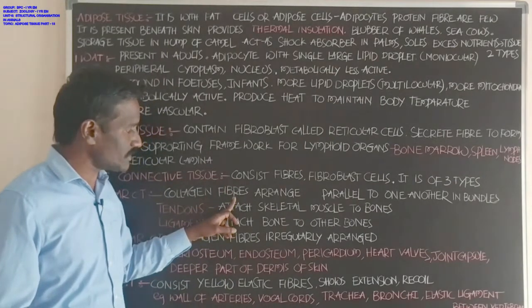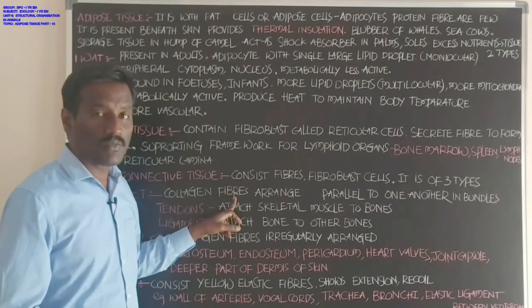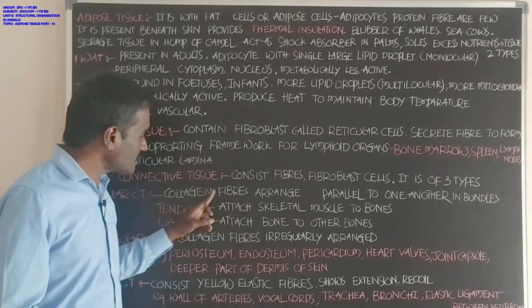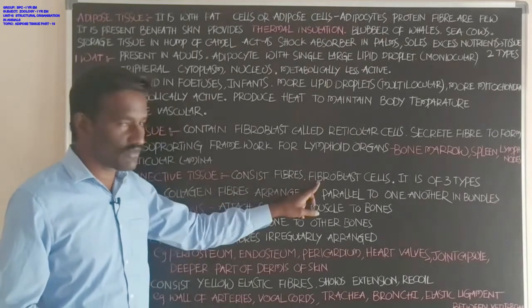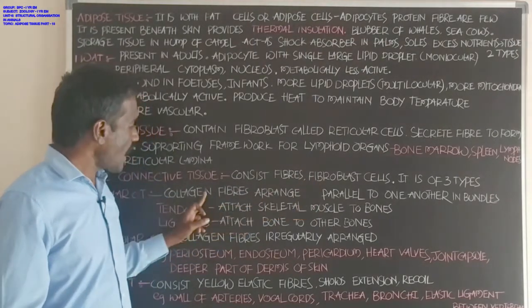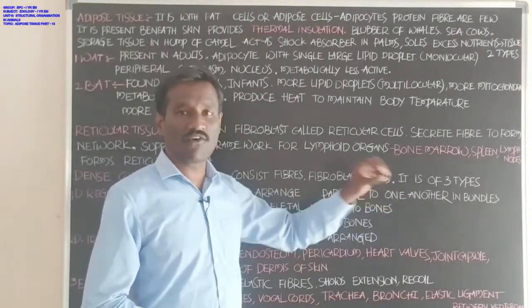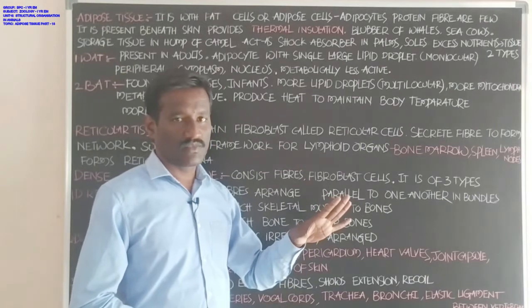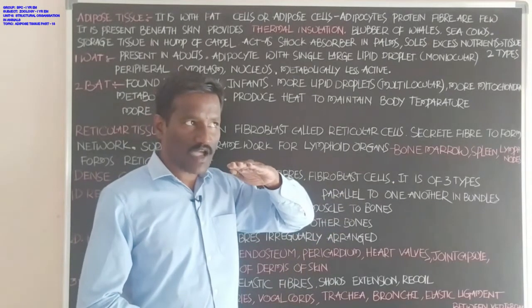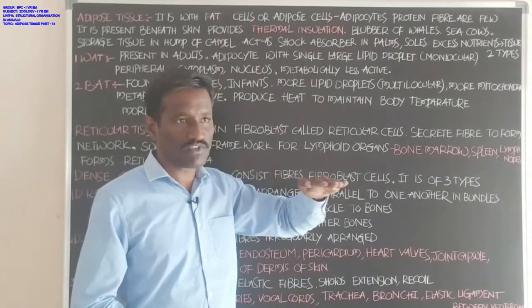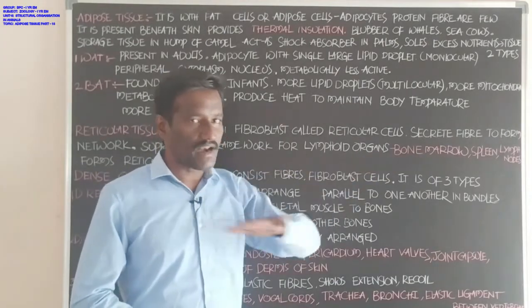Collagen fibers are made up of the protein collagen. Collagen fibers are produced from the fibroblast cells, and these fibers are arranged parallel to one another in the form of bundles.